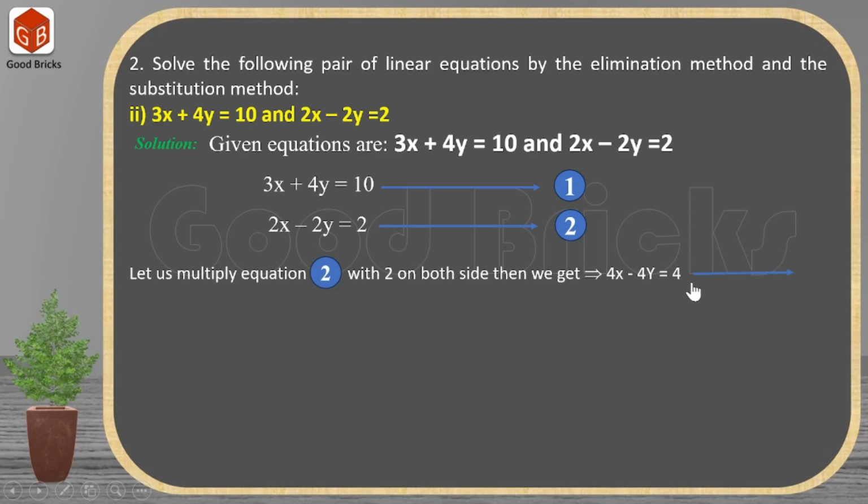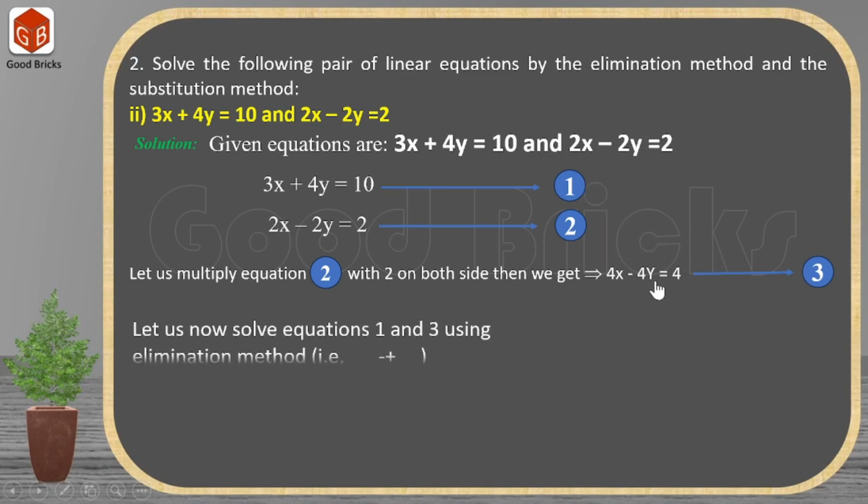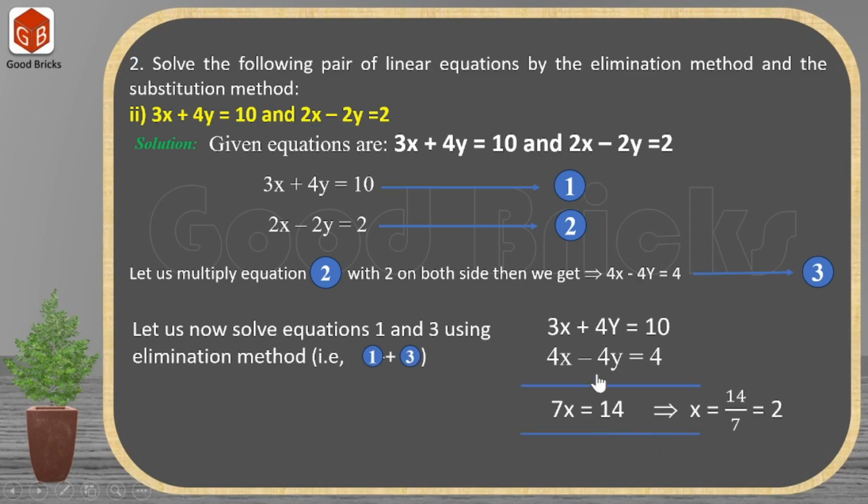If you assume this as equation 3, and if you add this third equation with equation 1, then we will get the result as shown here on the screen. See here, 4y gets cancelled, which means we have eliminated the y term and we got x is equals to 2. How? After elimination of the y term, we got the value of x is equals to 2.